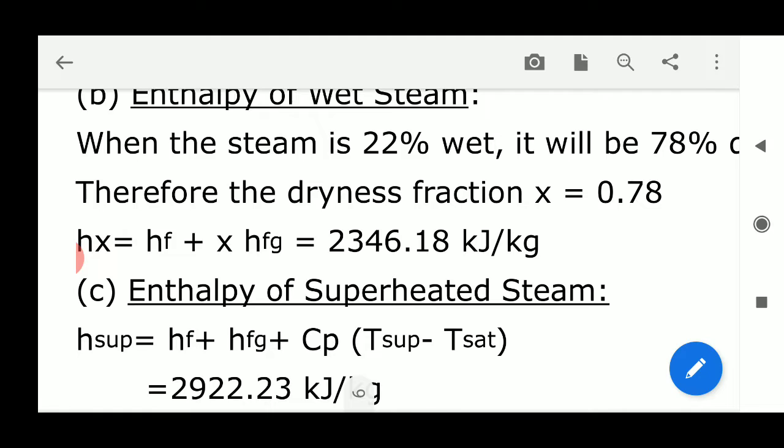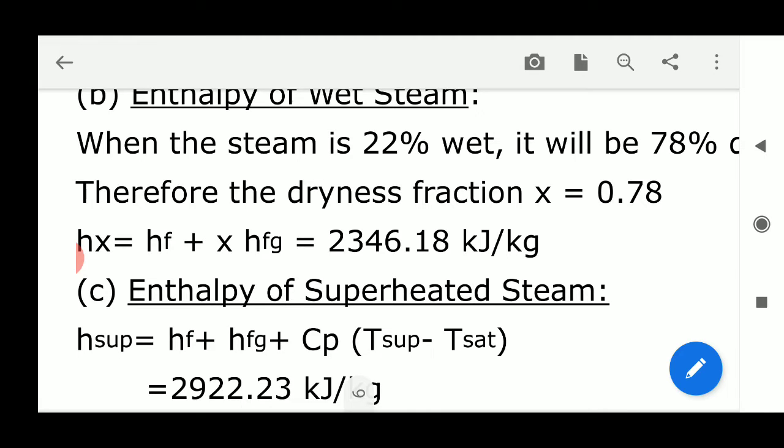2922.23 kilojoules per kg. For the same 12 bar, with the same HF and HFG, substituting Cp 2.25 kilojoules per kg Kelvin, T superheat 250 degrees Celsius minus saturation temperature, 188 in this case.